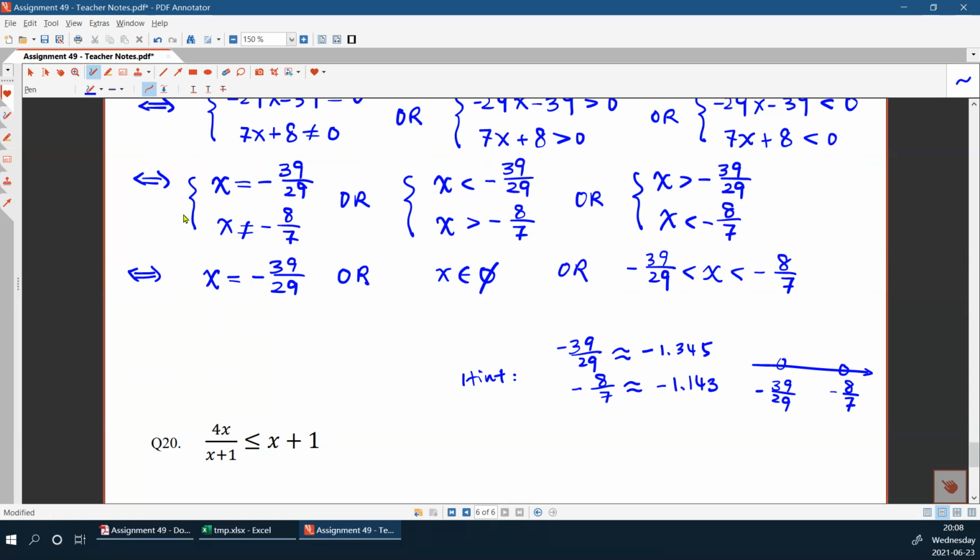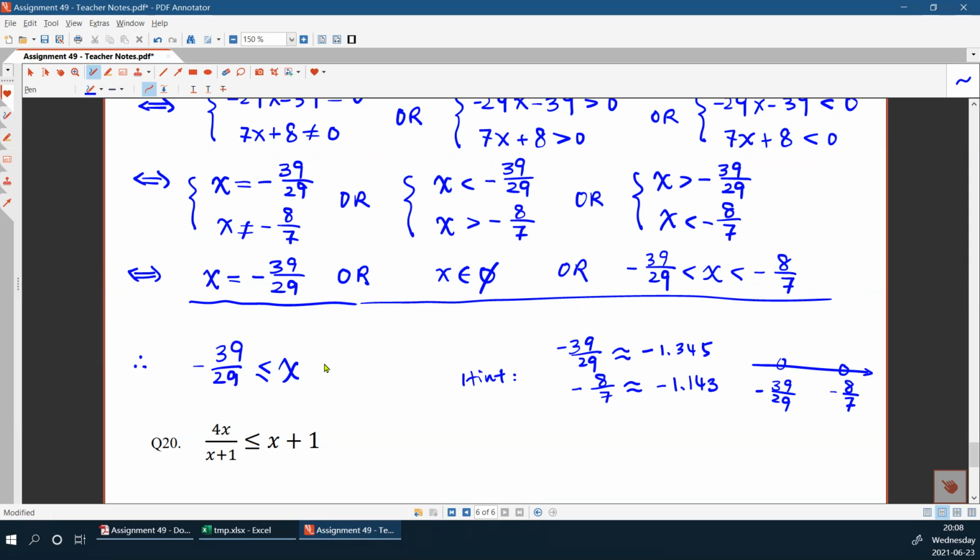Okay? And by considering these three solutions, X can be exactly minus 39 over 29, or X can also be within this region. So the combined solution is X can be larger than or equal to minus 39 over 29, and X must be smaller than minus 8 over 7.